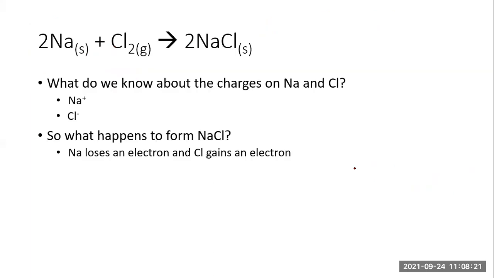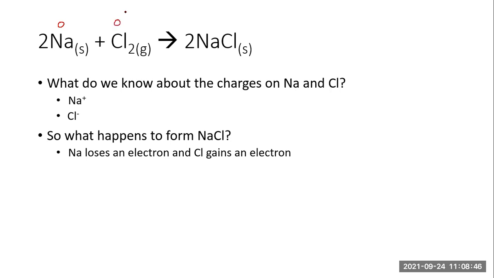So first off here, if we look at this one, this is sodium plus chlorine makes sodium chloride. And this is really a redox reaction that's going on. If we look at the charge, which is really referred to as the oxidation state, but we'll call it charge for now, sodium all by itself does not have a charge.